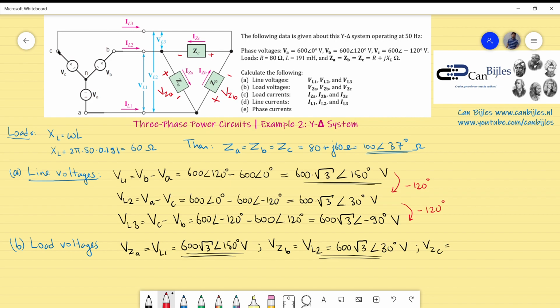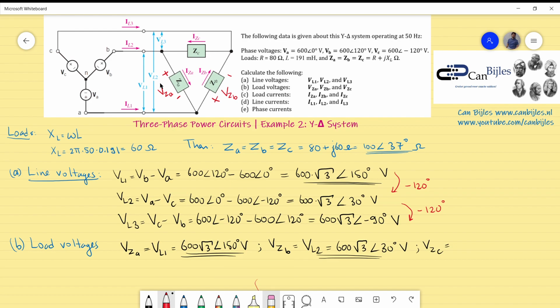Let's check the orientation also. This is the voltage at point C, and we move to point B because of the clockwise direction, and this is point C and this is point B, and it's correct. So again, this is VL3.